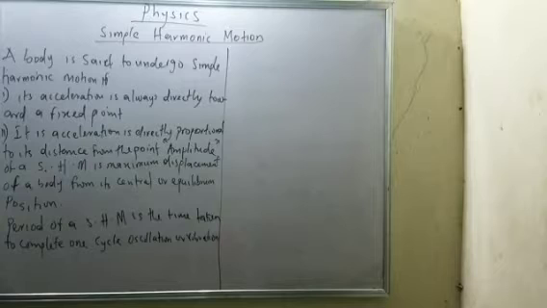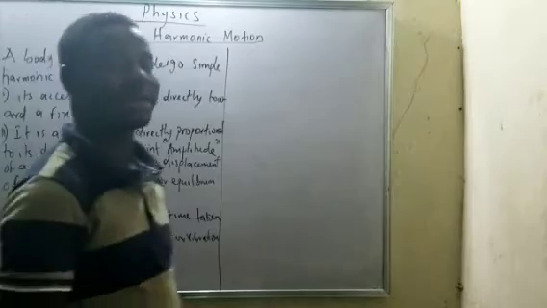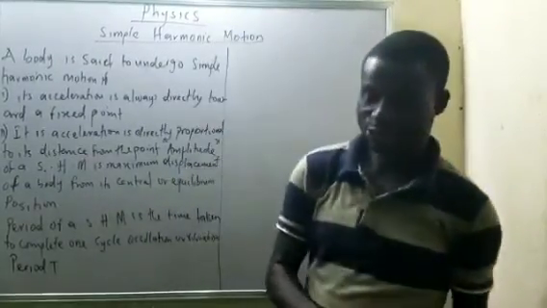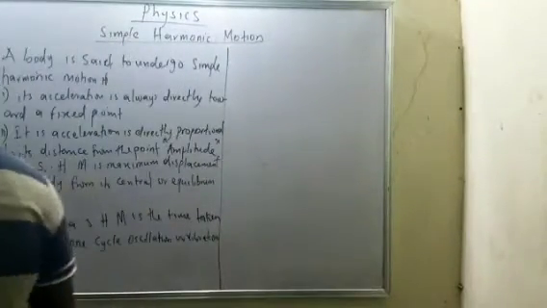Okay. Now, period is always represented by capital letter T, while small letter t is normal time. Anyway, when we get there, we will see it.